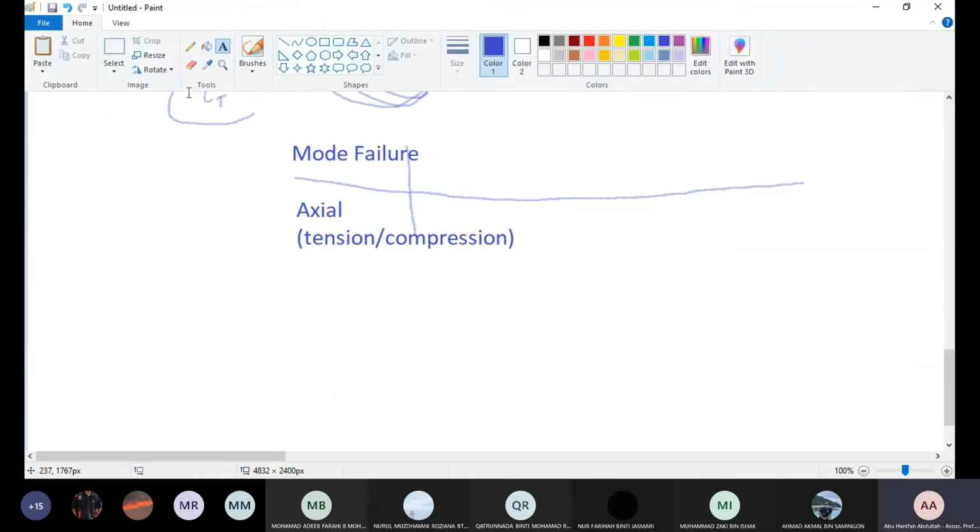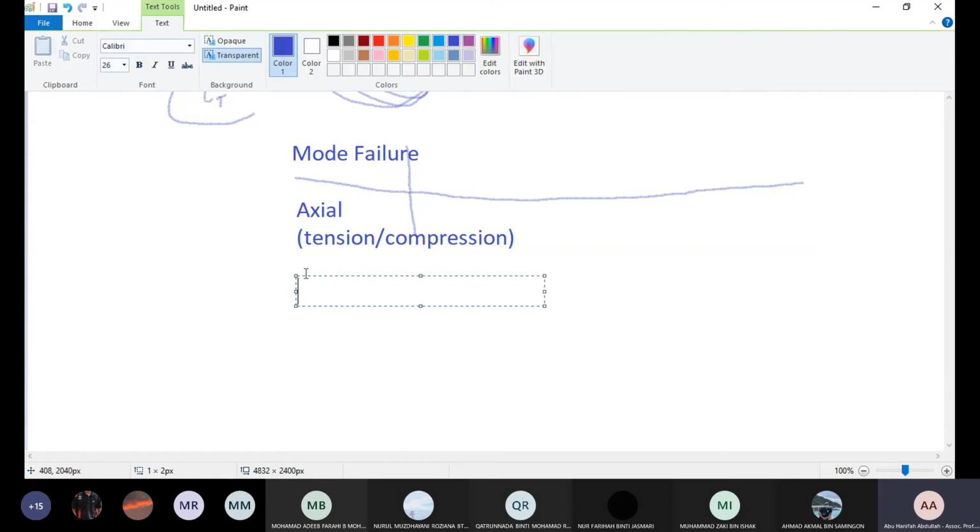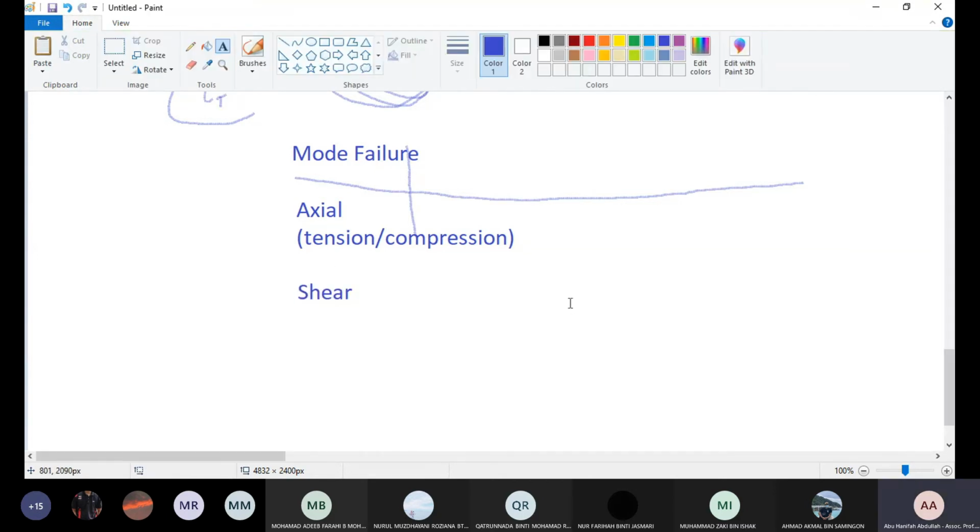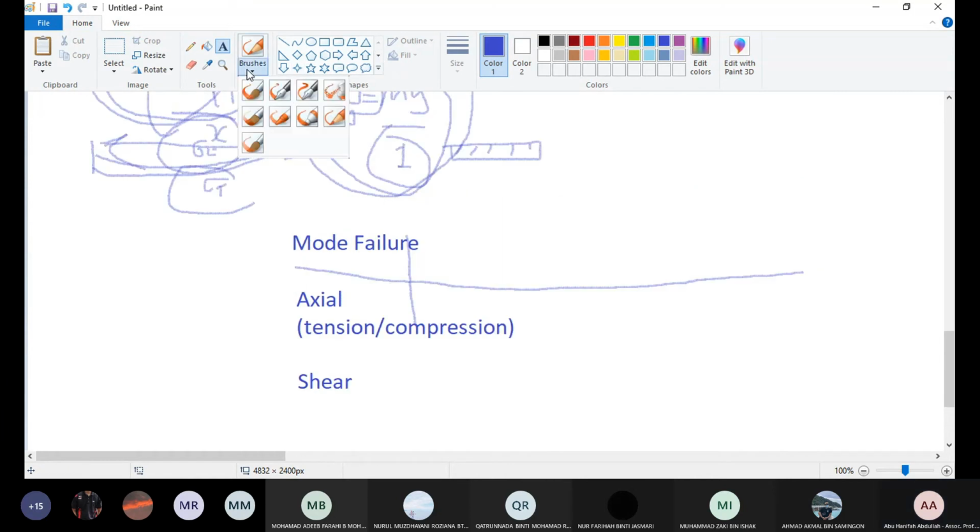Okay, if we have the mode of failure of shear, shear is shear. Yes, it's another shear. The difference between them is the area.